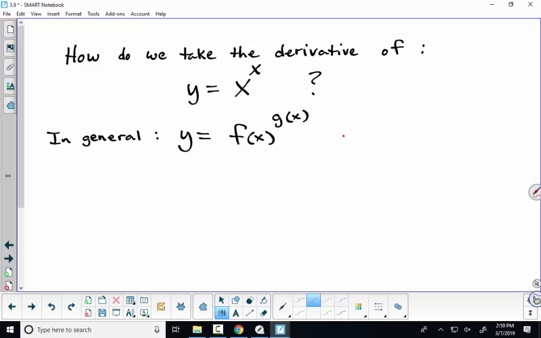Let's note that these are not exponential or power functions. It's kind of both, right? It's both exponential and a power function, but also it's a little different than both.